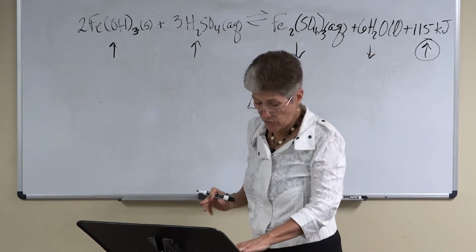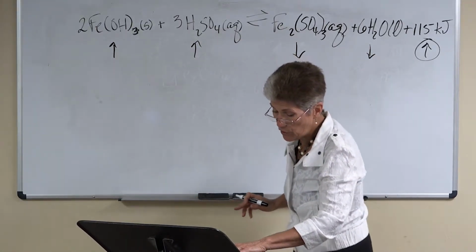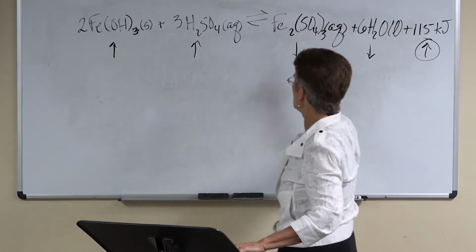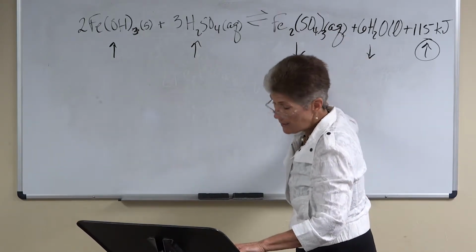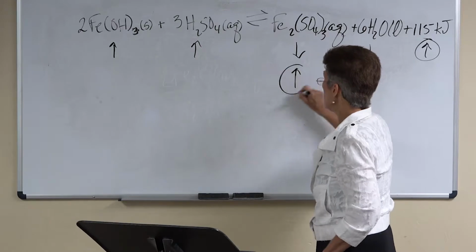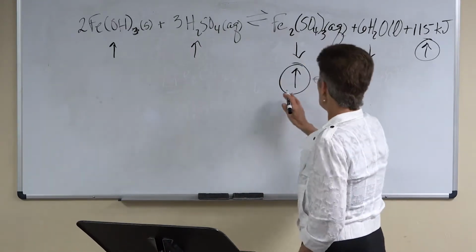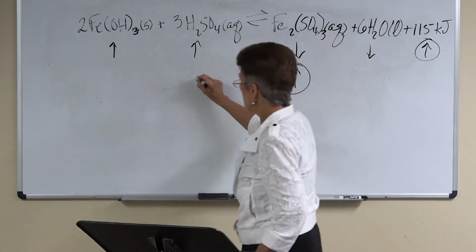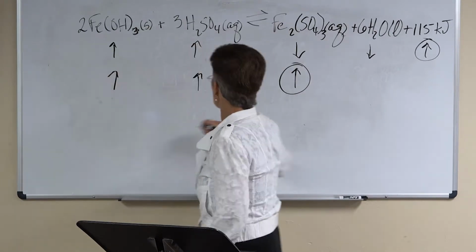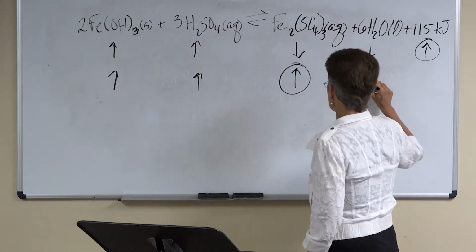B, what will happen to the concentration if H2SO4, this one, is added? So if we increase this one, now what's going to happen? Well, it's going to push everything in this direction, so we're going to go like this, and it's going to cause this to decrease.